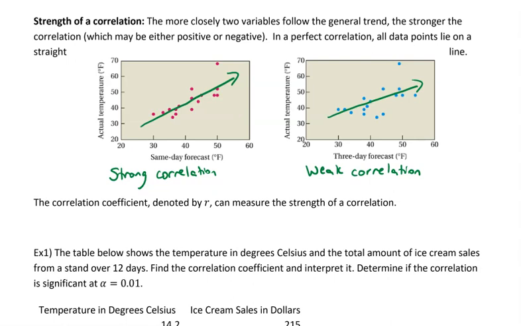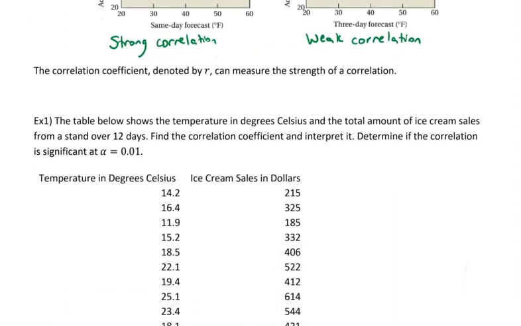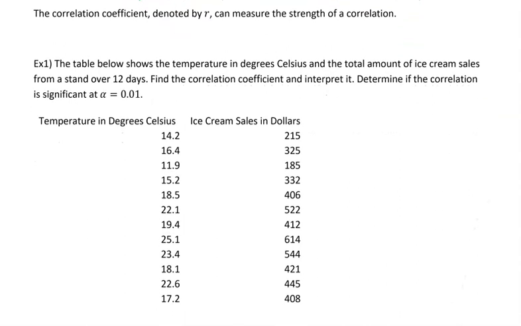Now, so far this has just been me vaguely drawing some lines through the dots, so we're going to get Excel's help to be a little more precise. There's something called the correlation coefficient. It's usually denoted by a small r, and it's a measure of the strength of a correlation. We're going to jump into example 1, and I'll explain what everything means along the way.